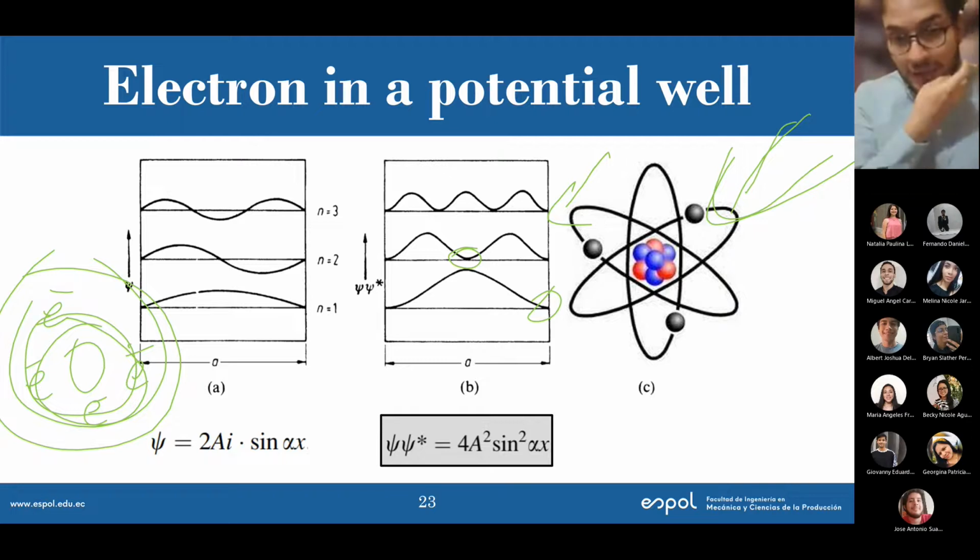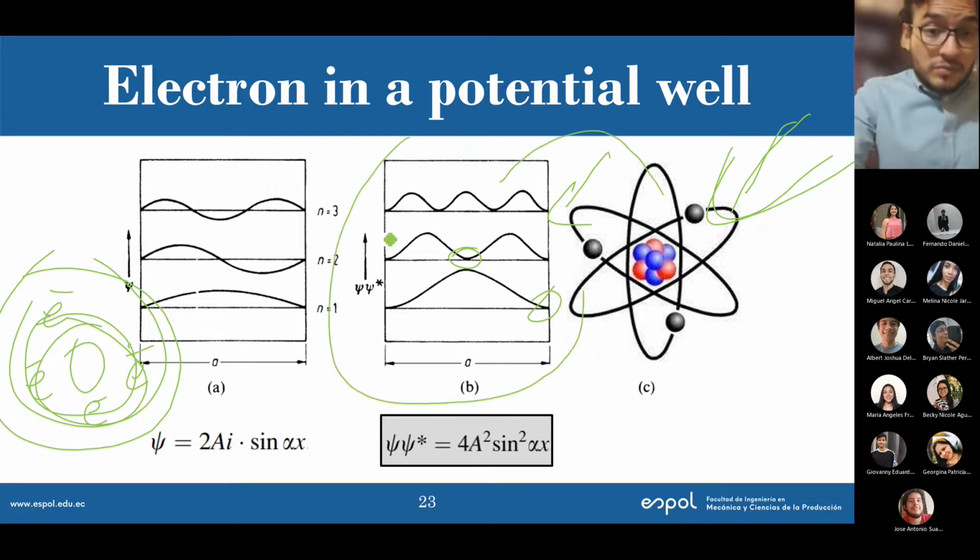I'm sure you guys learned that maybe in high school. And it's all related to this. So this concept that seems easy, but at the same time a bit abstract, actually gave light to what we all know an atom is in present times.